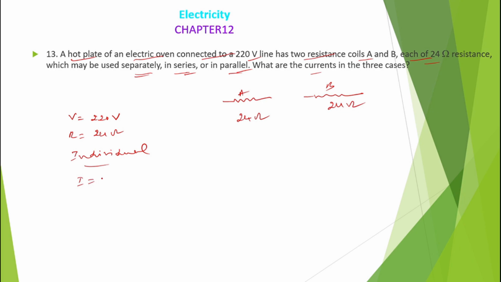I is equal to V by R. So V is 220 volt divided by R is 24 ohm. You simplify, you will get 9.16 amps. In both of them, if you take either, the same current will be flowing. This is individual. What about series?